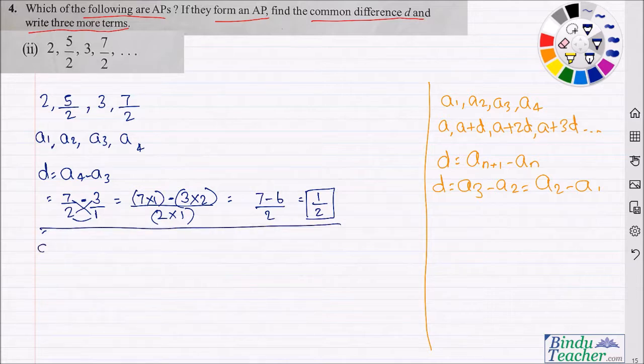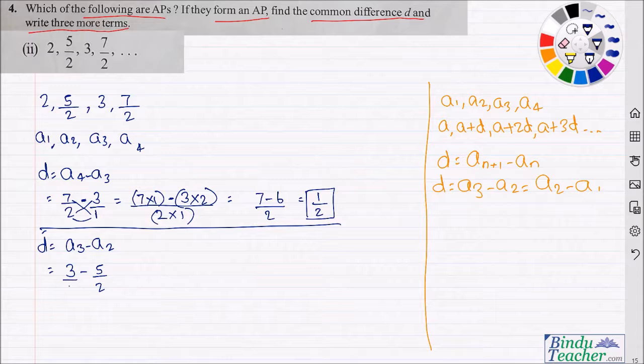Now let's also find the common difference between A3 minus A2. Remember, if these numbers are in arithmetic progression, then the common difference should match. Here A3 is 3 minus A2 is 5 by 2.